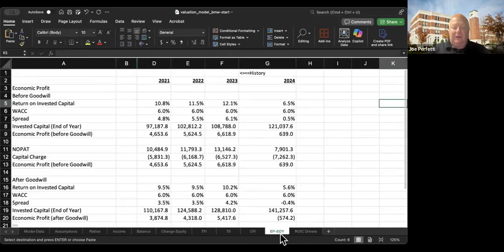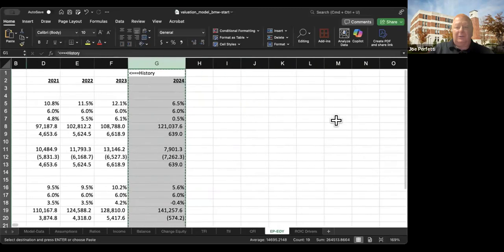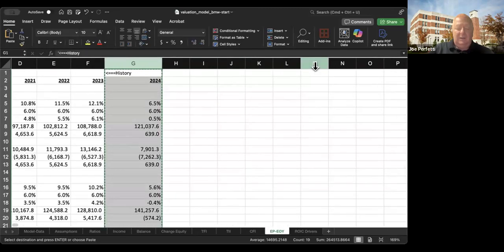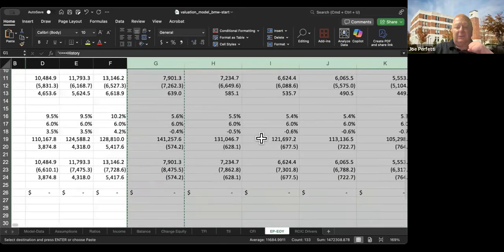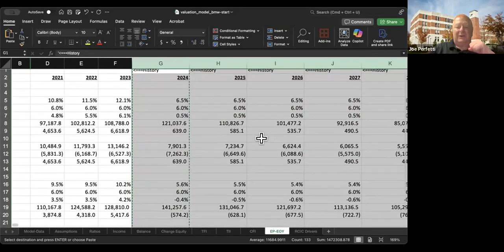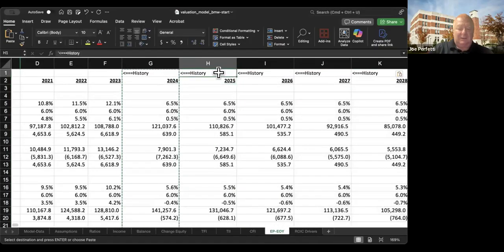Last step, go to our economic profit tab, take column G, copy it, go to column M, paste it. We now have 6 years of forecasted economic profits and ROICs that balance using both methods for BMW. And again, starting in 2025, that is a forecast.